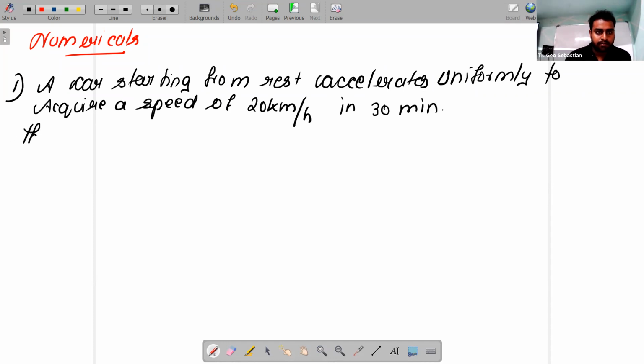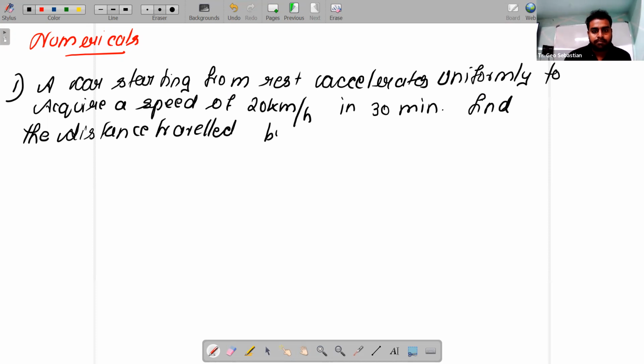Find the distance traveled by the car in this time interval.